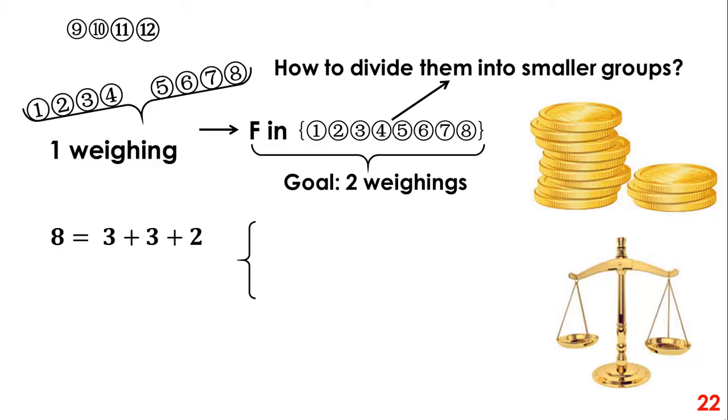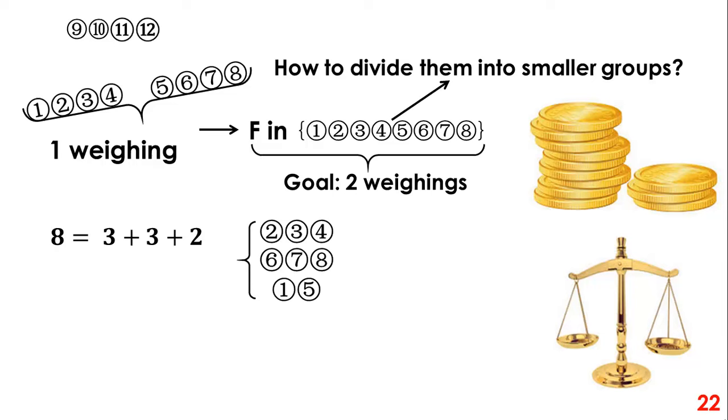To be more specific, the first group of 3 is coins 2, 3, 4. The second group is coins 6, 7, 8. The remaining coins 1 and 5 form the third group.